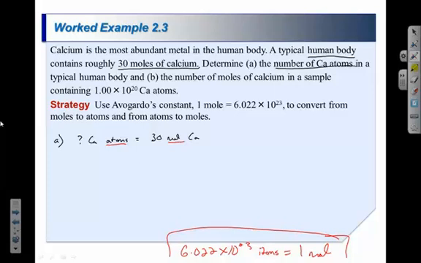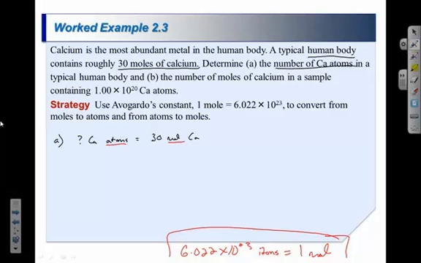If I'm converting from grams to milliliters, or grams to kilograms, or from grams to moles, which are both large quantities, I wouldn't use that relationship. I use it when I go from individual tiny particles like atoms or molecules to large scale quantities, which is what a mole is, because a mole is a huge number of these things.